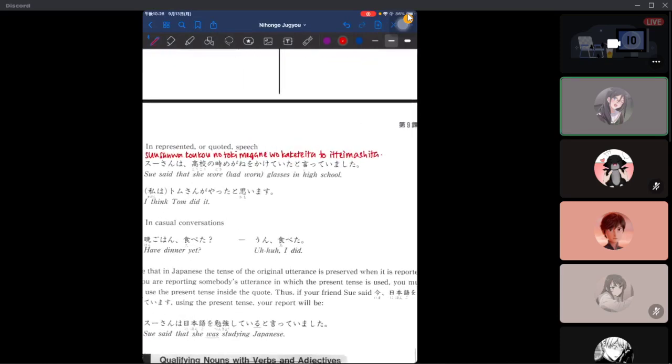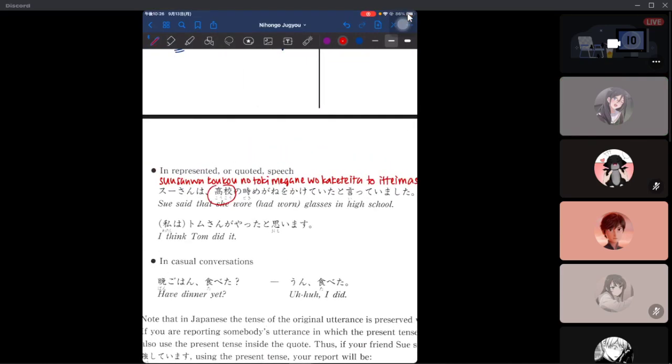スーさんは高校 actually means high school. 高校の時, this 時 represents time, so the whole phrase kind of means back during high school.